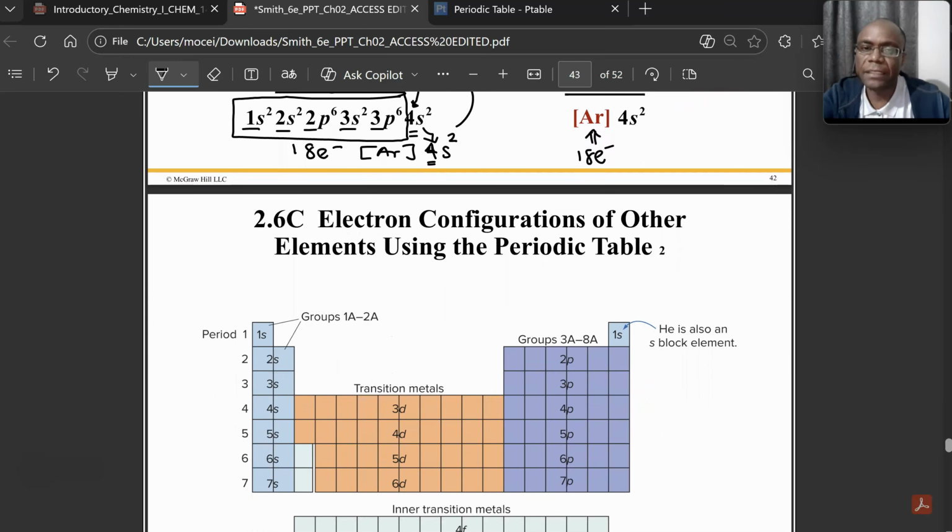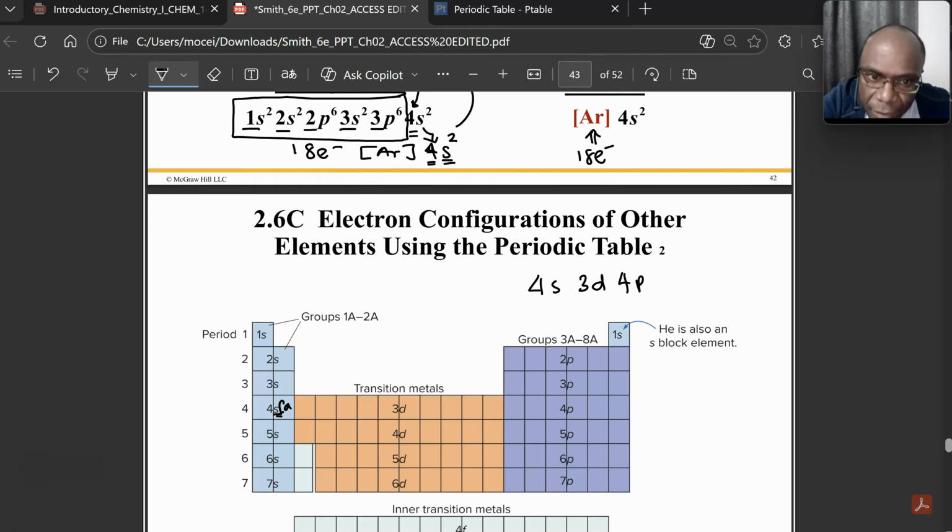Now, since calcium ends with an s, we say that calcium is an s group element. Calcium was somewhere here. It's an s group element, and it ends up with a 4s. You see that? What about bromine? Bromine ended up with, we had 4s, I believe, then 3d, then 4p.